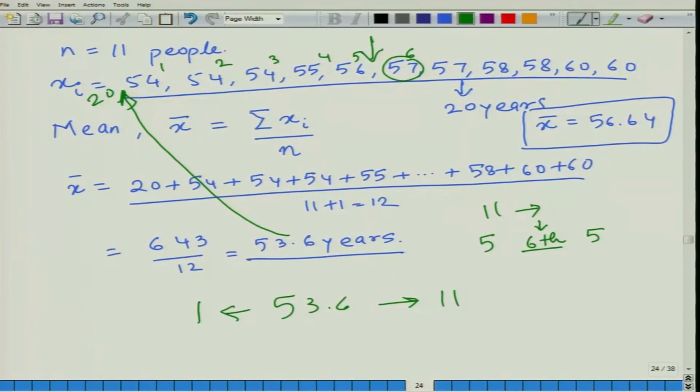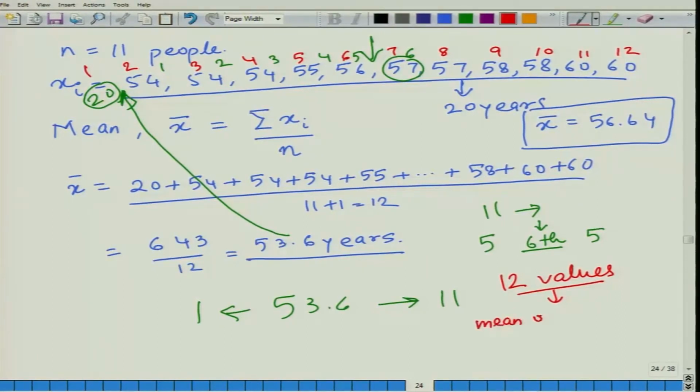Now, consider our original example. Suppose we added one extra value, that was 20. So, after we have added 20, 20 becomes the first value, this becomes the second, third, fourth, fifth, sixth, seventh, 8, 9, 10, 11 and the 12th value. Now, in the case of 12 values, because this is an even number, the median would be the mean of the 6th, that is n by 2 is 6, and 7th values.